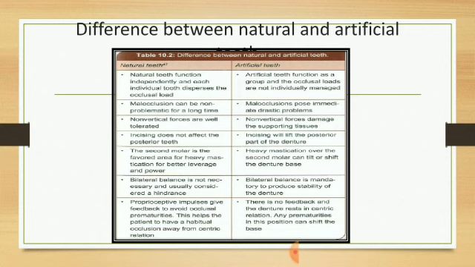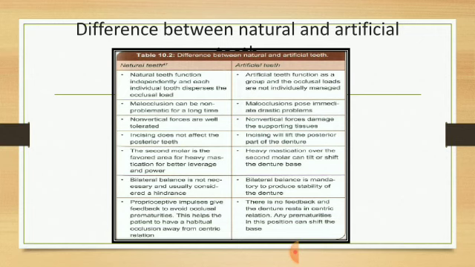In the table we can see proprioceptive impulses give feedback to avoid occlusal prematurities in natural teeth, whereas it is absent in artificial teeth. The second point in the table: malocclusion can be non-problematic for a long time in natural teeth, whereas it poses immediate, drastic problems in artificial teeth.